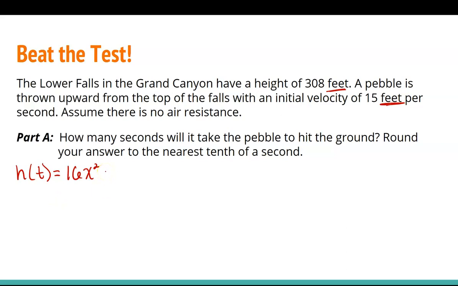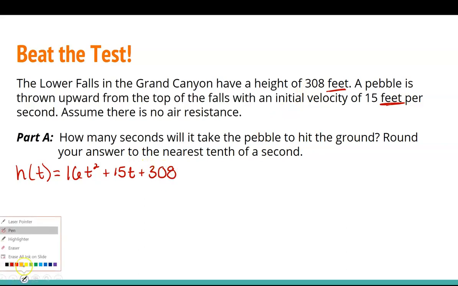Then our bx is our initial velocity, which they said was 15 feet per second. So we'll, wait, this is what's wrong. We're talking in terms of time t, so it should be t squared plus 15t. That doesn't really affect anything. It's just a formality. And then plus our initial height of 308 feet.